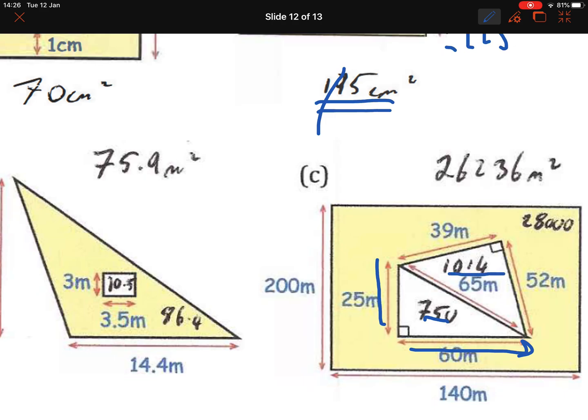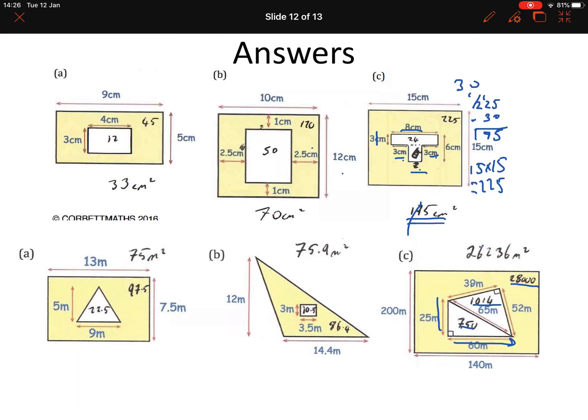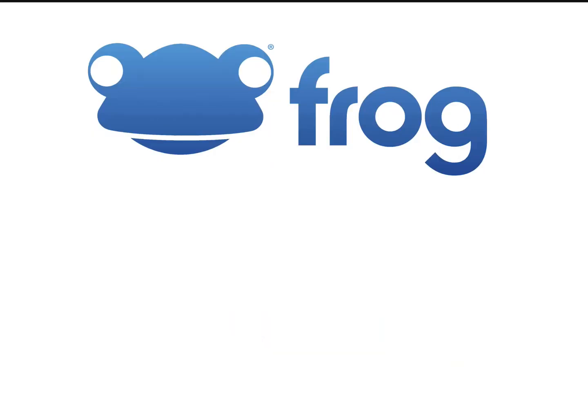And 39 times 52 divided by 2 to get to 10.4. So you just do 200 times 140. When you do 200 times 140, you get 28,000. So you've got to do 28,000, take away 10.4, take away 750, and that'll give you your answer.